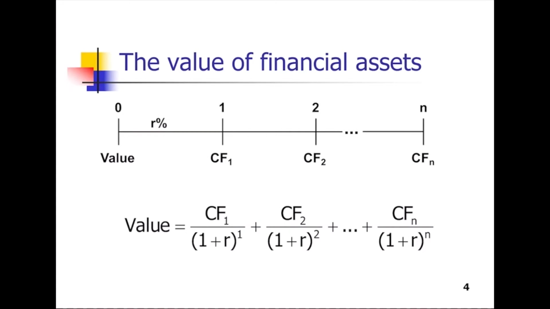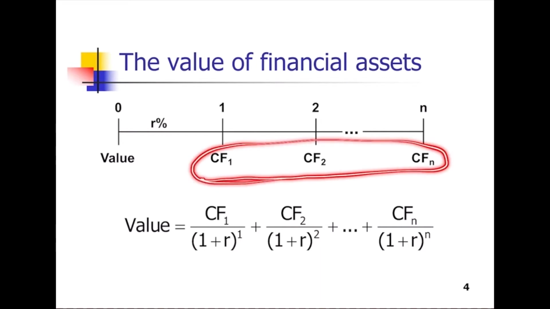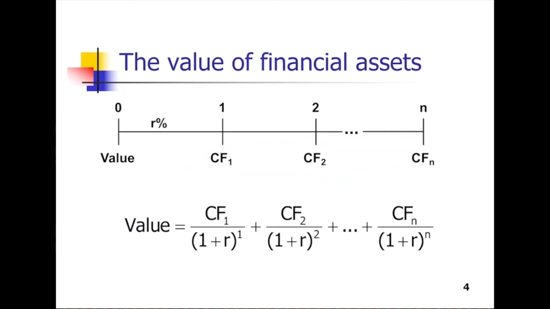This is the basic framework for the value of financial assets. The value of a financial asset is the present value of all these cash flows. How do we get R, the discount rate? As we learned before in the interest rate part, R can be decomposed into three parts, right?